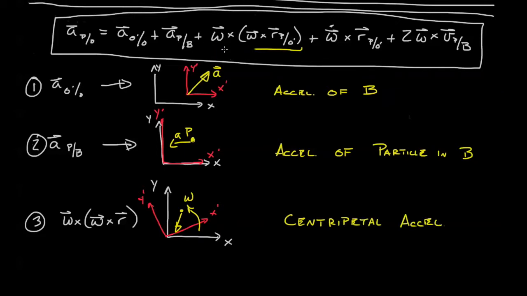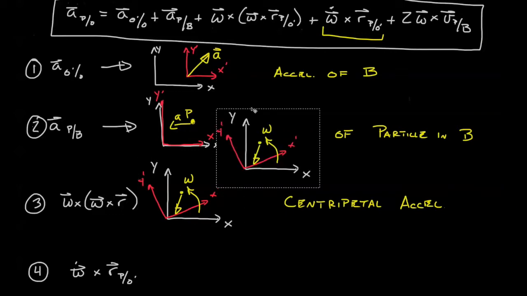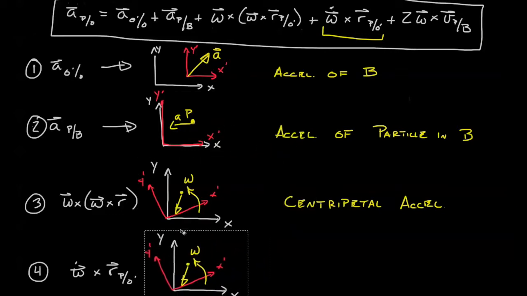Let's erase this right here. And the next term, let's try and understand that. The significant term here is a change in angular velocity. So this is our fourth term. Omega dot crossed position of P with respect to O prime. Let's copy the one above it and reuse that. And this time, we're not going to give it an angular velocity.